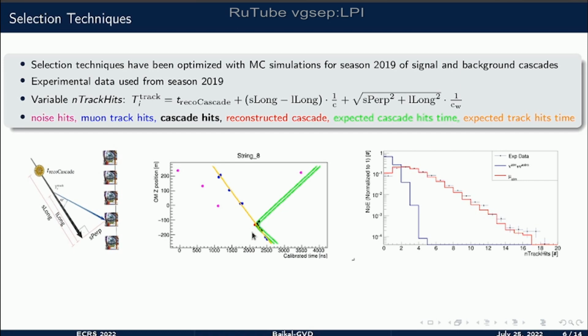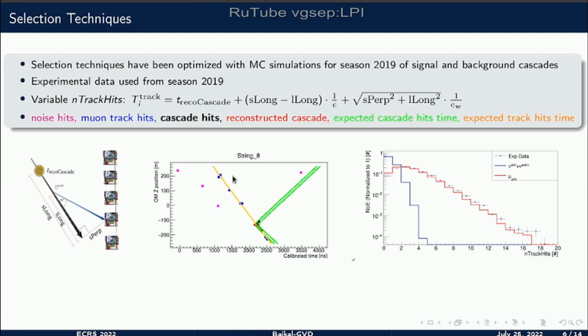Here we have the small red point, which corresponds to the reconstructed cascade time and Z coordinate. And then we have blue points, which are always detected earlier than the cascade hits, which are shown in black, because the muon has greater velocity than the speed of light in water.